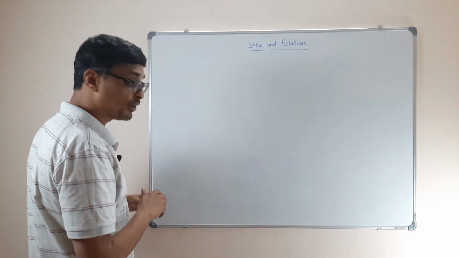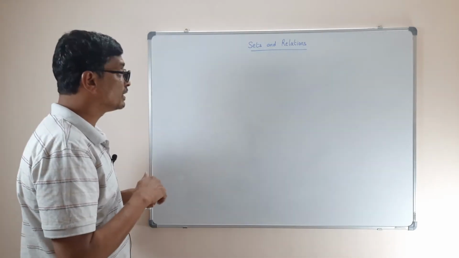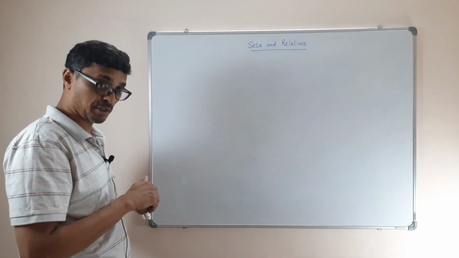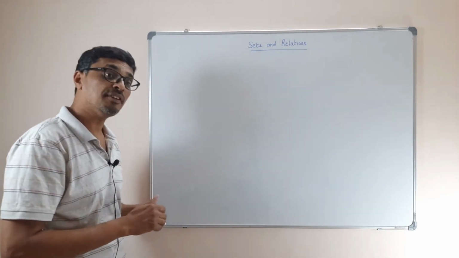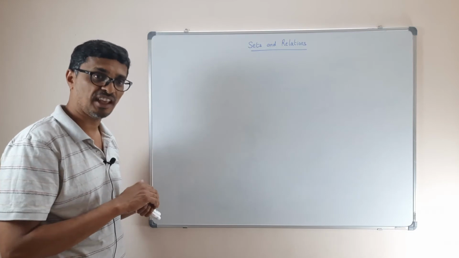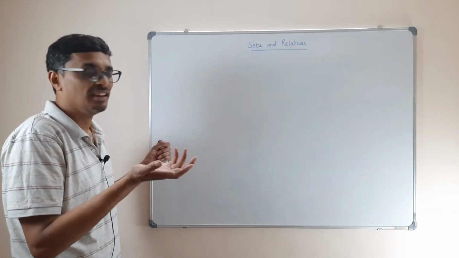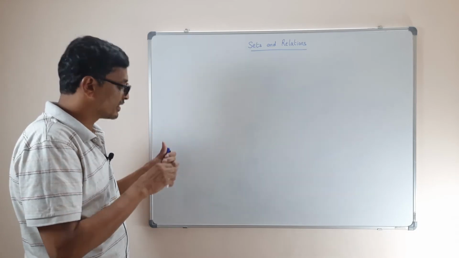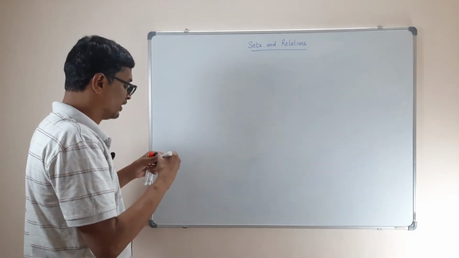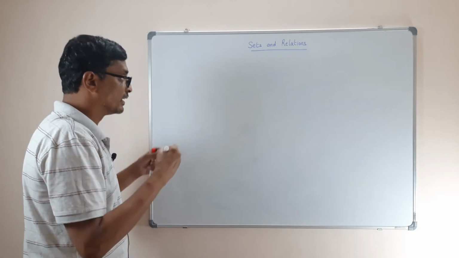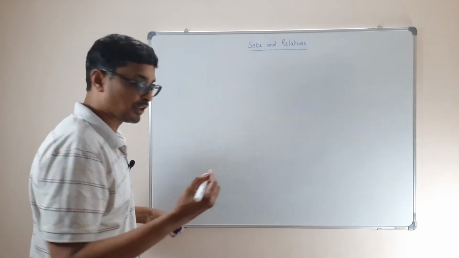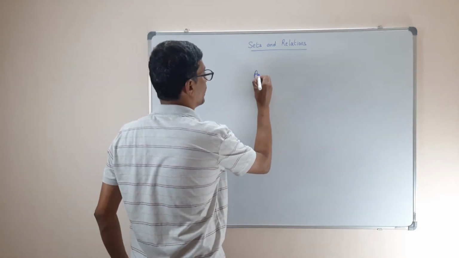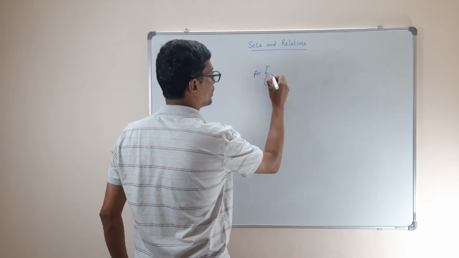Before going to the types of set, there's another term, another quantity, that is also important: the number of elements in the set. Suppose you have a set. For example, let us take your name, surname, and call that A. What are the elements we got?